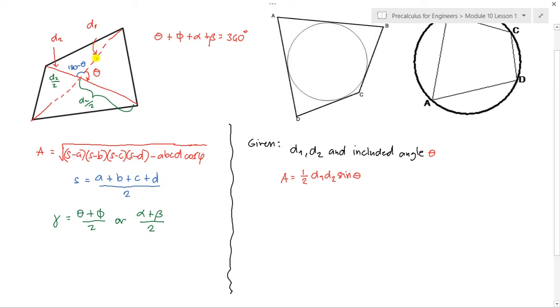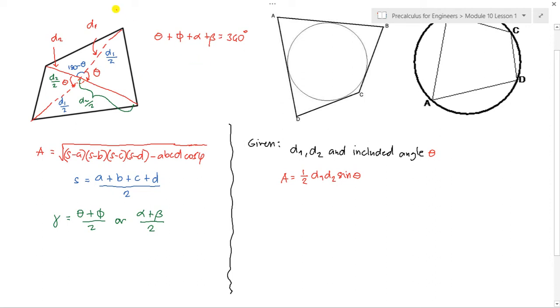And the same thing with d1. This is also d1 over 2, and the other one is d1 over 2. Okay, so here, this angle is also theta, and this one is also 180 minus theta.